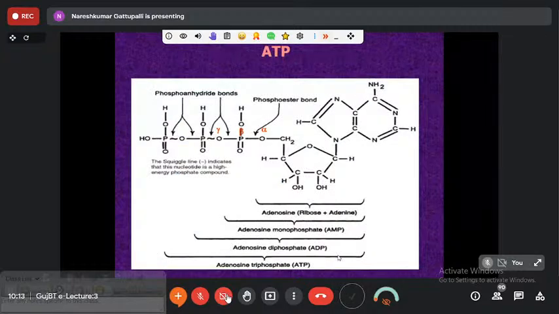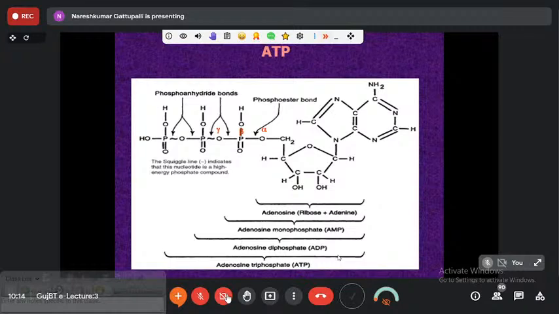And all of you are familiar with why ATP is the most important molecule, or the energy currency of the cell. This is because of the phosphodiester bonds, which have high energy. It can activate various groups in the living system, that is, the hydroxyl groups of amino acids and carbohydrate moieties and so on and so forth, and NH2 moieties of amino acids and other things.